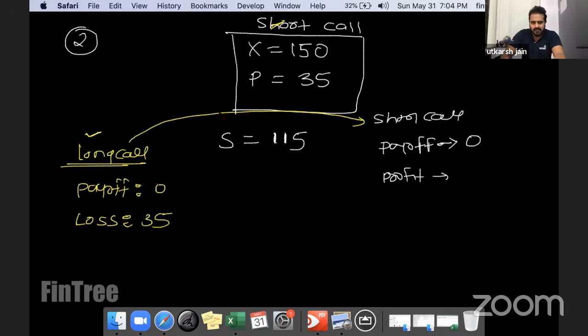So what is the payoff? Zero, because no transaction is happening. And how much money am I losing on the long side? I'm losing 35 because that's what I paid at the beginning of the contract. Once you know this, come to the short call and just change the sign. So zero remains zero and a loss becomes a profit of 35. There you go. That's your answer. The payoff is zero and the profit is 35.